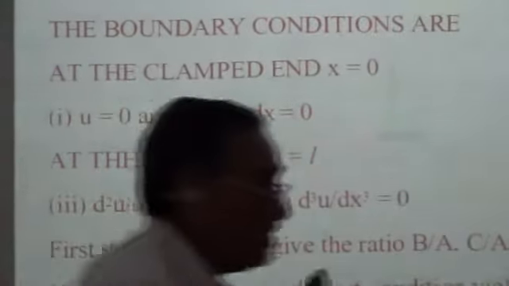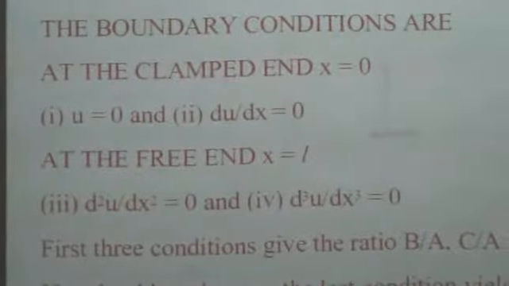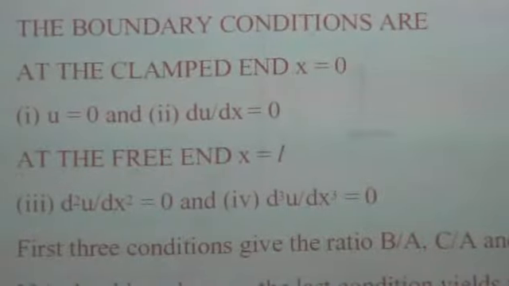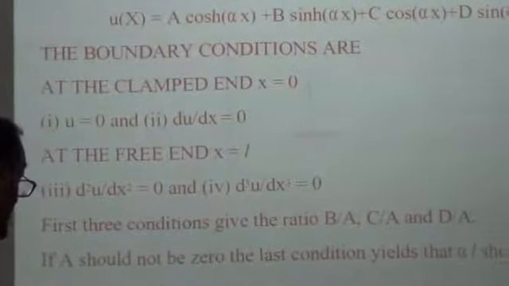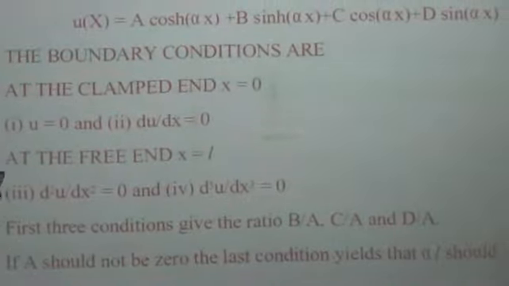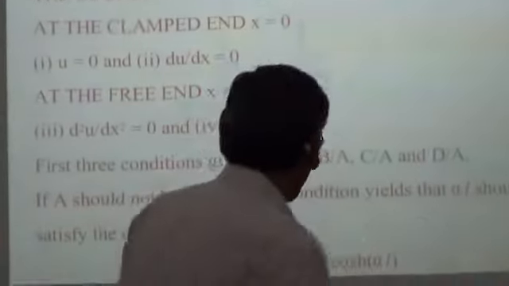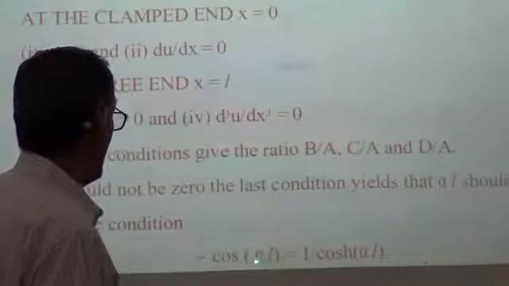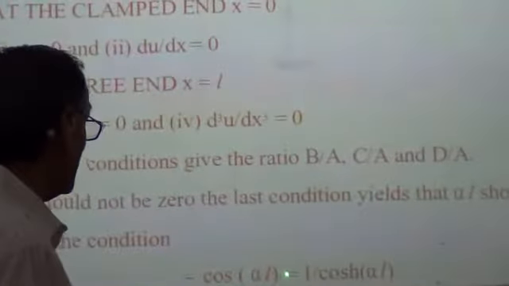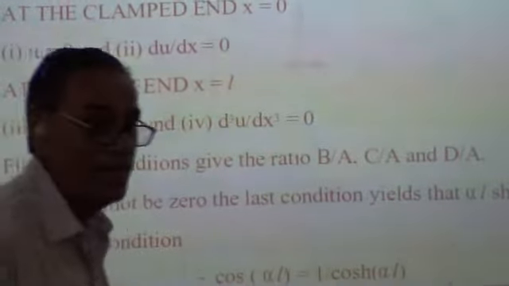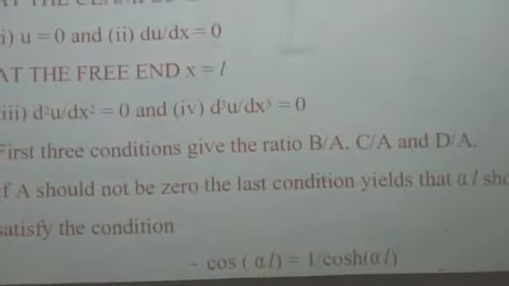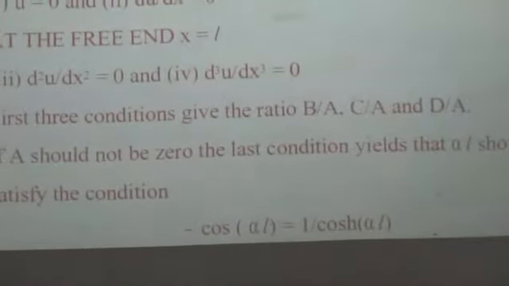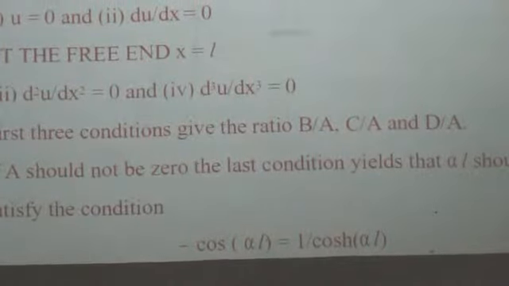Now you must solve for A, B, C, D using these conditions. And you won't get a solution for all values of alpha. You will get a solution only for those values of alpha for which minus cos alpha L is 1 by hyperbolic cos alpha L. If alpha satisfies this condition, then you will get a solution.